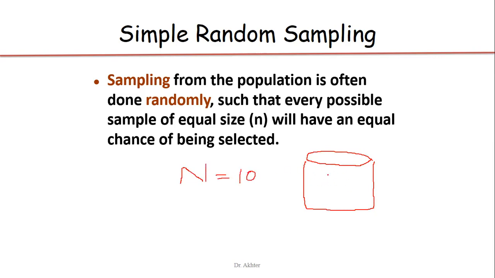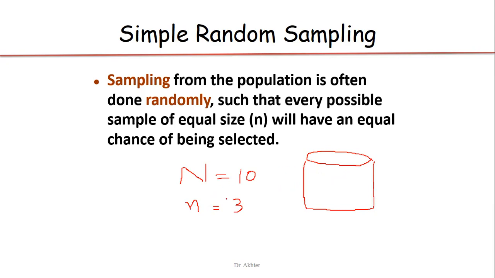By well shuffling, we are selecting 3 balls at random. So this is the way of making a random sample out of a population. Drawing 3 balls from this population of 10 balls is a random sample.